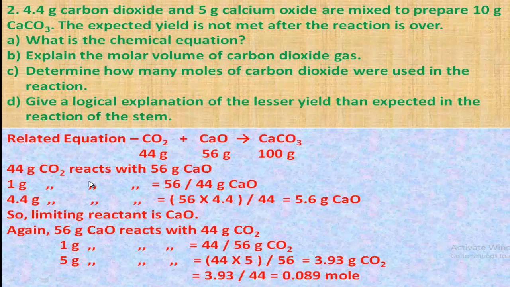So at first you have to determine the limiting reactant. 44 gram carbon dioxide reacts with 56 gram, so 1 gram and 4.4 gram, the answer is 5.6 gram calcium oxide, but there is given only 5 gram calcium oxide. So the limiting reactant is calcium oxide. So you now have to determine the used amount. 56 gram calcium oxide reacts with 44 gram, so 1 gram and 5 gram, there is actually 3.93 gram.